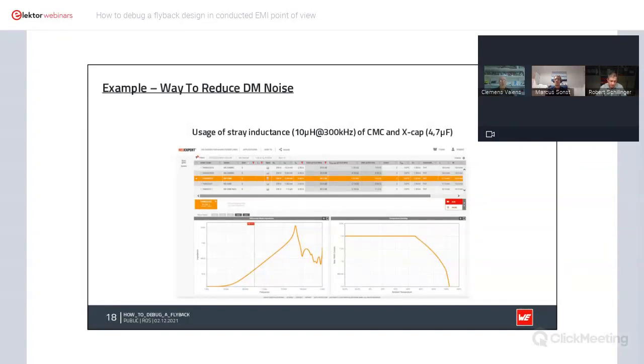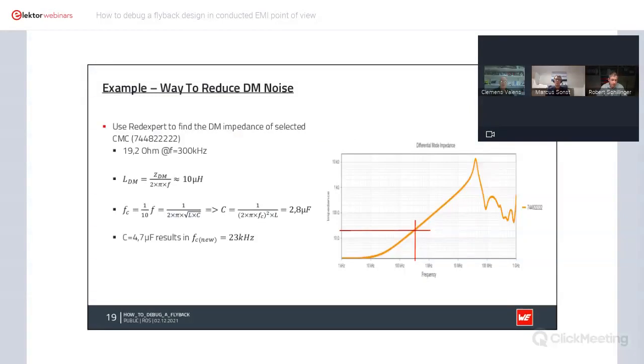inserting an extra inductor. And this works with my selection very well, because I can measure at the differential mode diagram. You can see here on the left side. That's the differential mode impedance of the common mode choke.